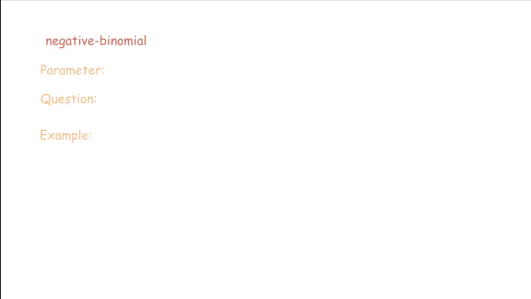This generalized version of the geometric is called the negative binomial distribution, which is not negative and also not binomial. It has two parameters, p, the probability of heads in each toss, and n, the number of heads at which we stop tossing.